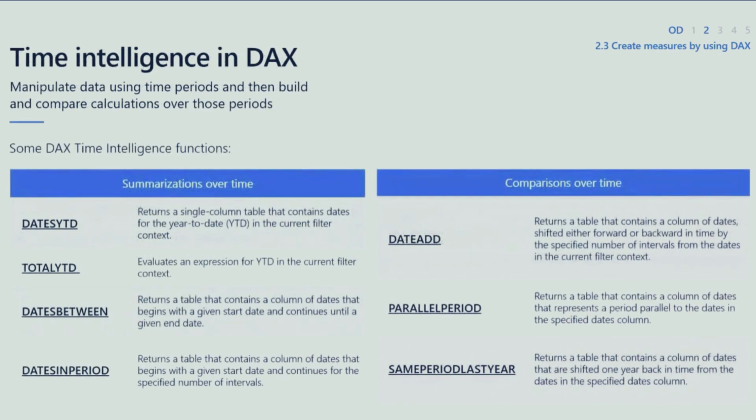Another key area which DAX focuses on quite heavily is time intelligence. And to be honest, if you think of any business application out there, any business area out there, there is a lot of focus these days on what is happening when and why. So time intelligence is one of the key pivotal concepts and enablers that someone needs to be aware of.